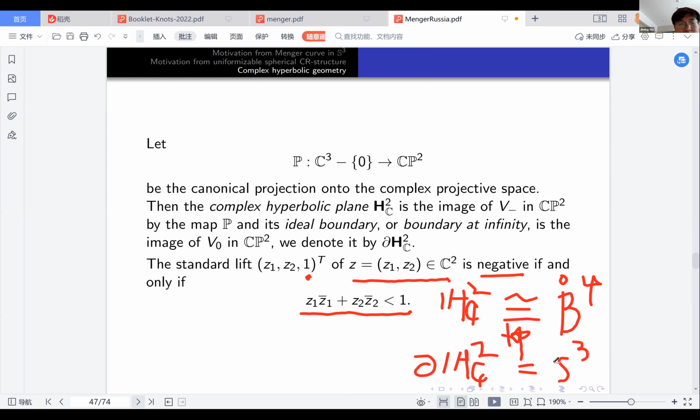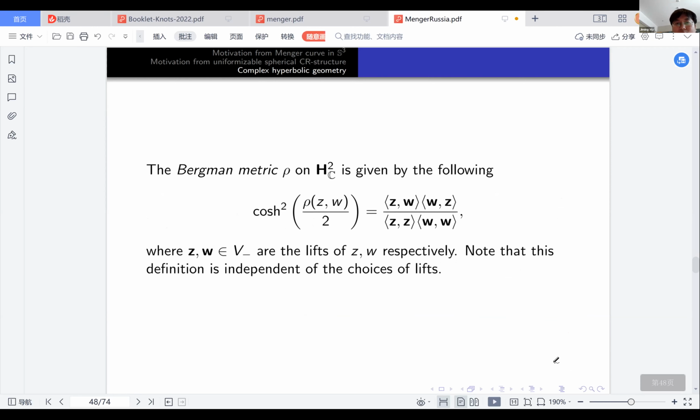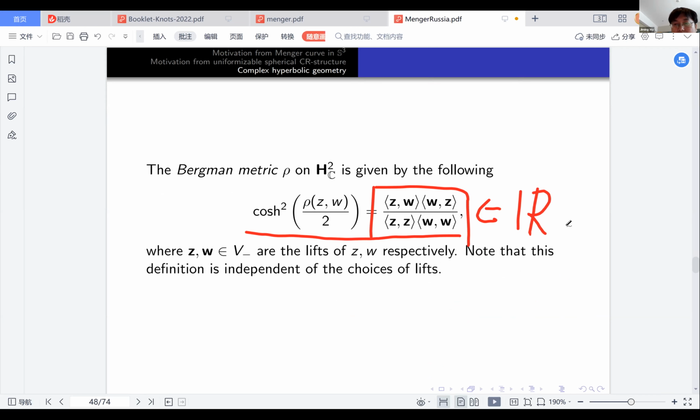And so we have the Bergman metric, which is the metric complex hyperbolic space is equipped with. So the metric here is that. So we consider the formula here. So here it is real, right? And positive. Output is 0, right?